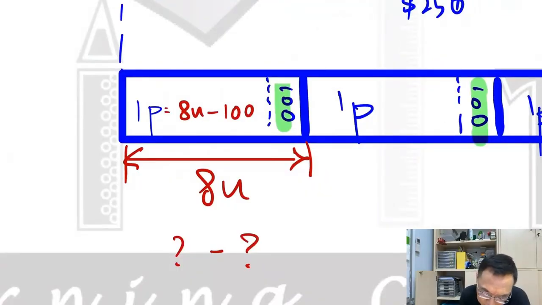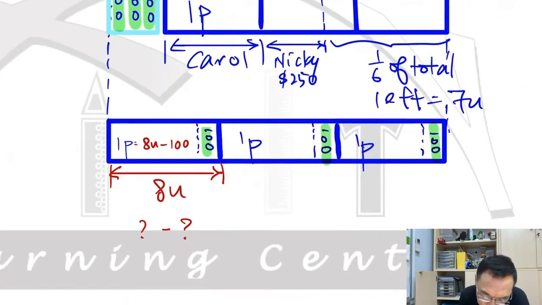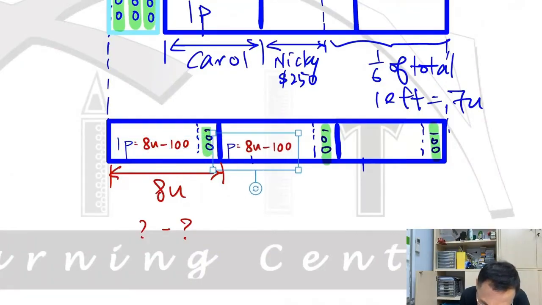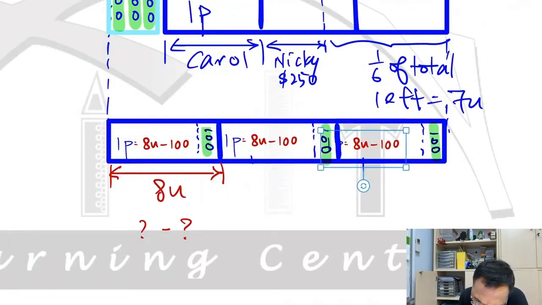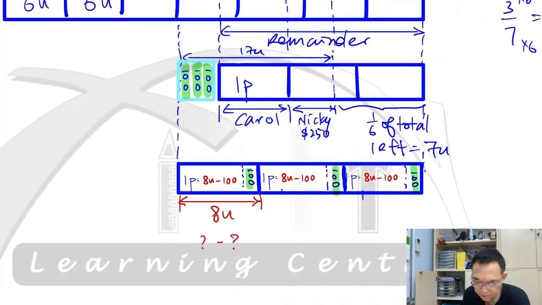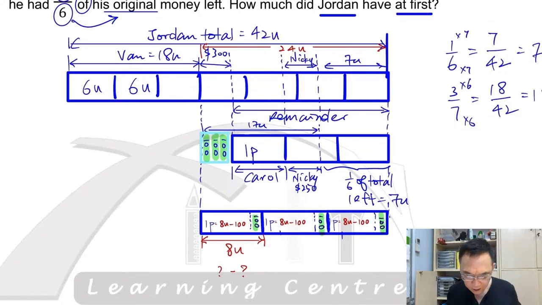All of them are 8 units minus 100. So technically, all these are equal. Let me show that. So that means I can take this and duplicate it. I can put it here. I also can put it here. This is correct. I want you all to put on your thinking cap a bit.